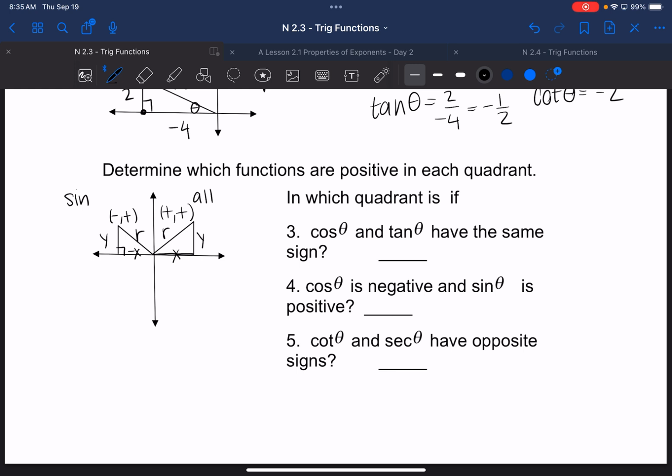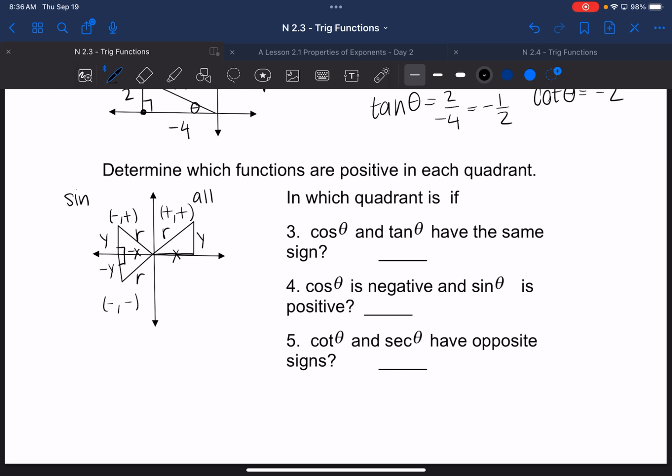Okay? All right, in quadrant 3, here's my right triangle. We already stated that the x is negative here. What about the y? Also negative, okay? So here, both x and y are negative. Okay, so sine would have a positive r but a negative y. So that'd be negative, right? Cosine would have a negative x and a positive r. So also negative.